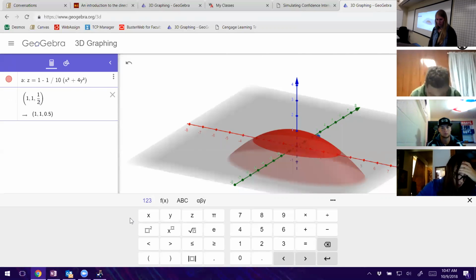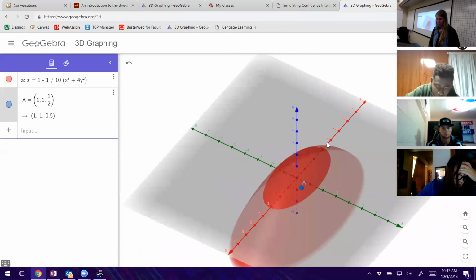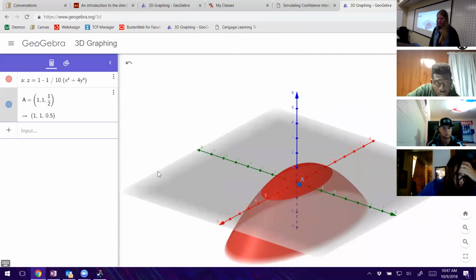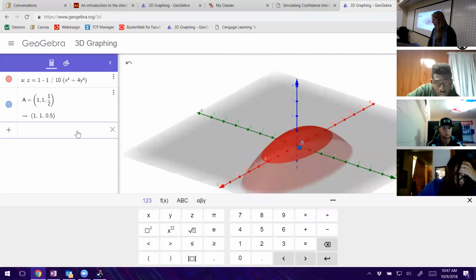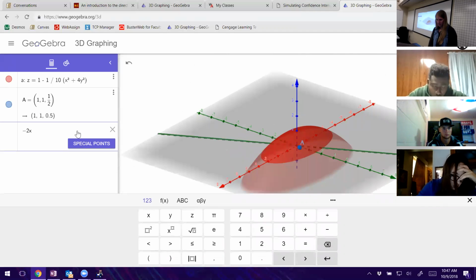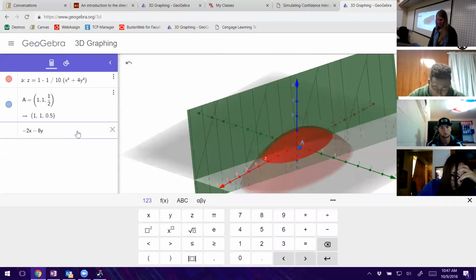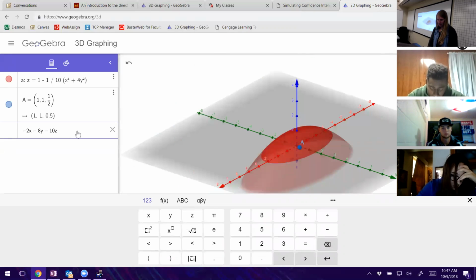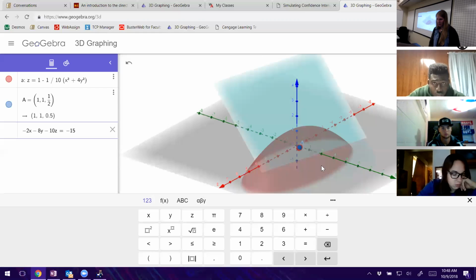So there's that little blue dot right there, and I'm going to go ahead and turn this so that our x and y axis positive points are facing us. And then the equation we got for a plane: -2x minus 6y minus 10z equals negative 15. So there's the equation for the plane at that point there.